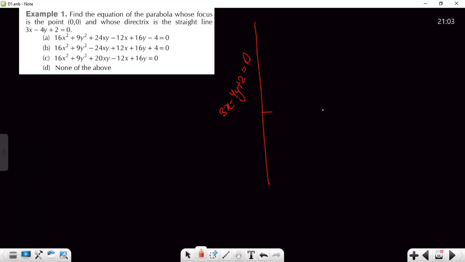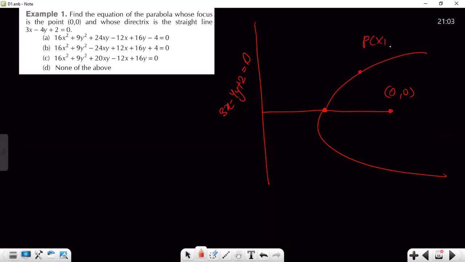We know the directrix and there's a vertex which is the middle point between the focus and directrix. So this is the focus, focus is 0, 0. And this is the parabola.